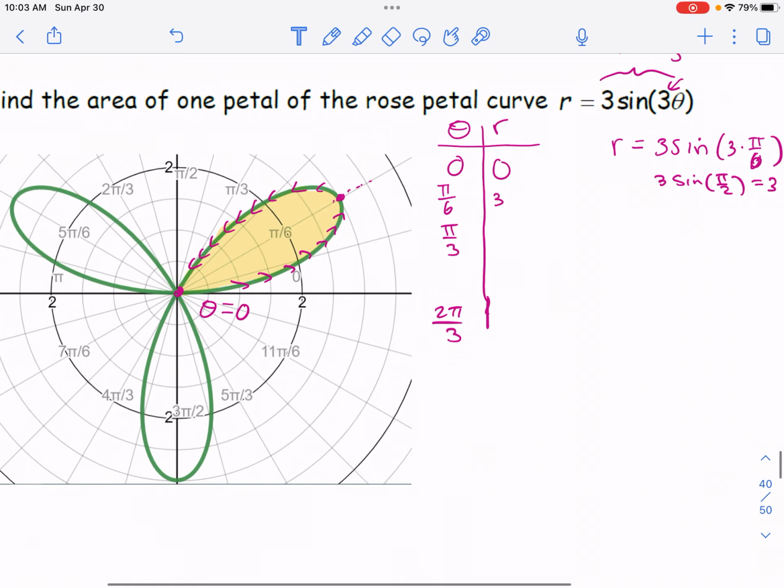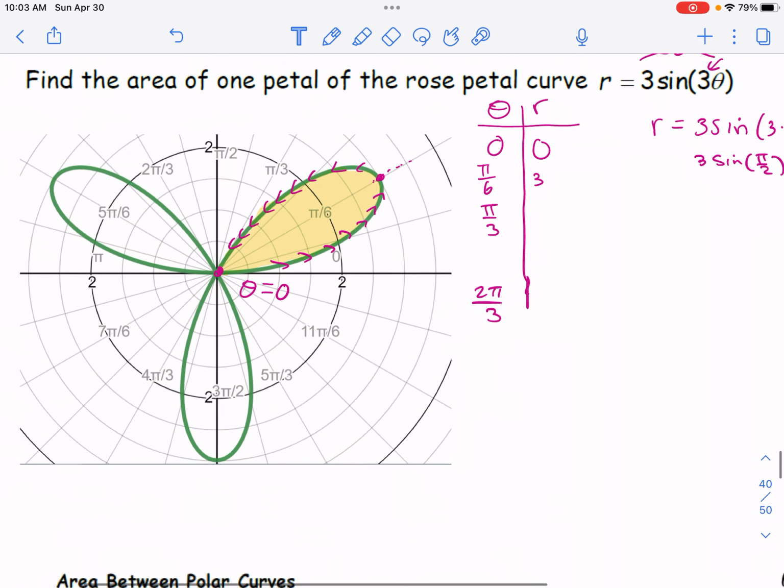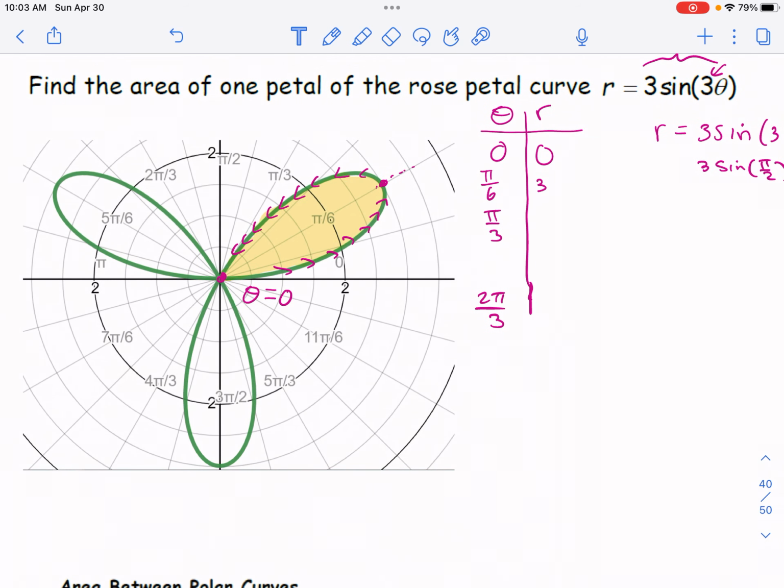The good news about a lot of these polar curves is they're very symmetric. So you could get the area of half of this rose petal, and then just double that, and you get the area of a petal. You could also, let's say you wanted the area inside a full petal. So we would need to know the second limit of integration that brings this polar graph back to the pole.